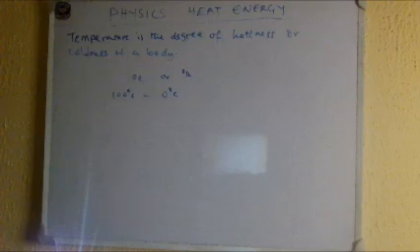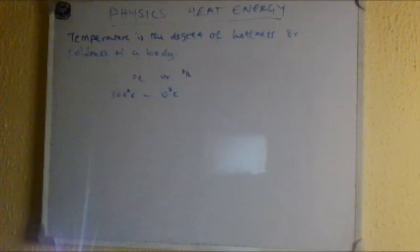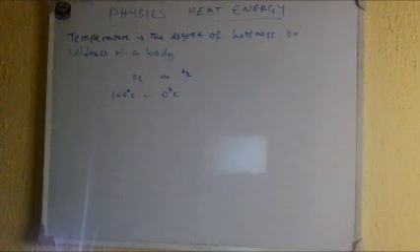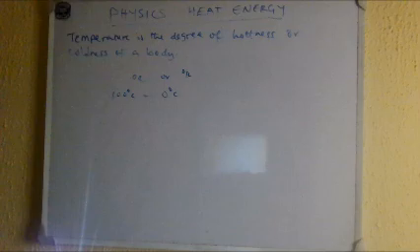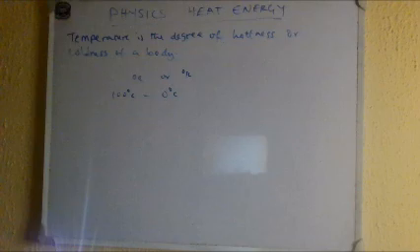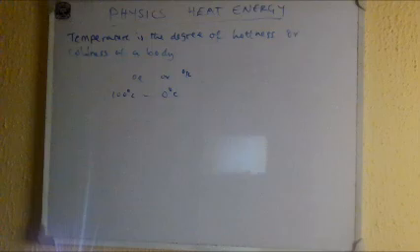That is what we mean by that. Temperature is a property of an object which decides which way heat will flow when it is placed in contact with another object. So heat flows from the body that has higher temperature to the body that has a lower temperature.